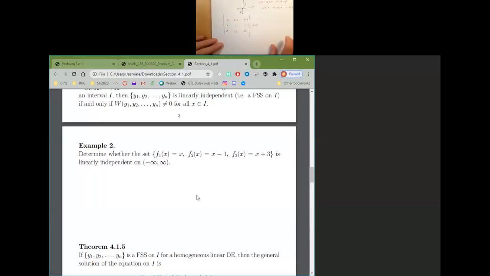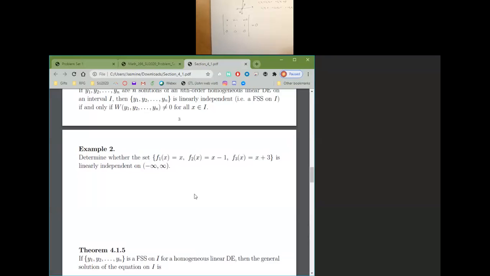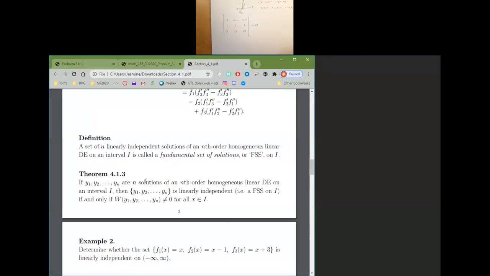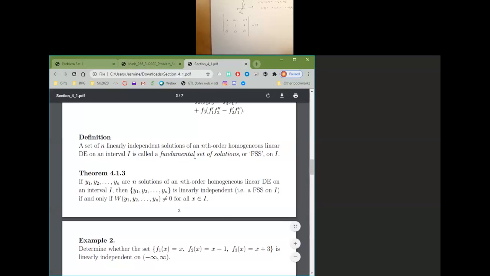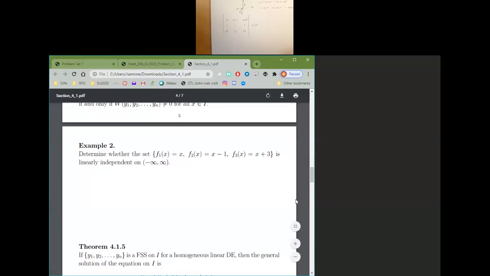Trying to remember. Anyway, when you're working these problems that are n solutions of an nth order homogeneous linear differential equation, at the very least, this is if and only if. I had another internet tab up that had the single direction proof on it, but oh well.